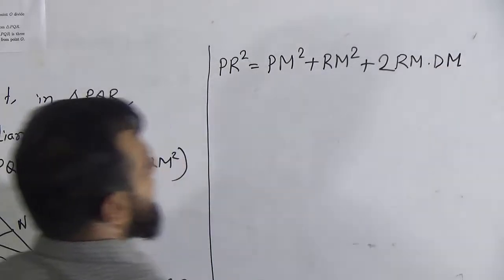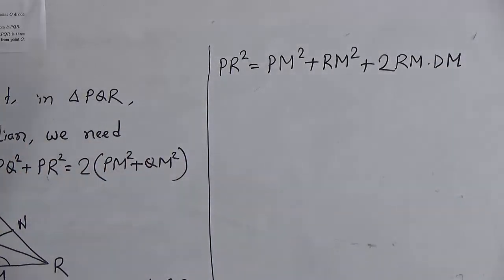Okay, it is the extension theorem of the theorem of Pythagoras for an obtuse angle. If the angle is acute, then it will be a minus sign. We will get this from the other side's triangle.